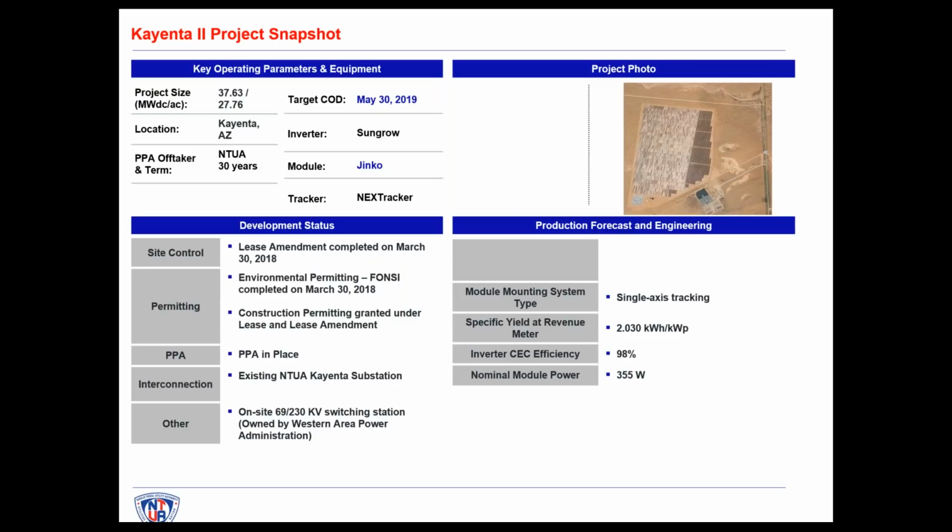And I won't go through all the details, but you can see that they look obviously at the size, the location, who the off-taker is, what the length of the power purchase agreement is, what kind of leases you have, have you gotten your permitting, is the PPA in place, and so on and so forth. A lot of information, and we try to put this in a nice, neat package so that we can give this presentation to investors and then answer questions based on that.